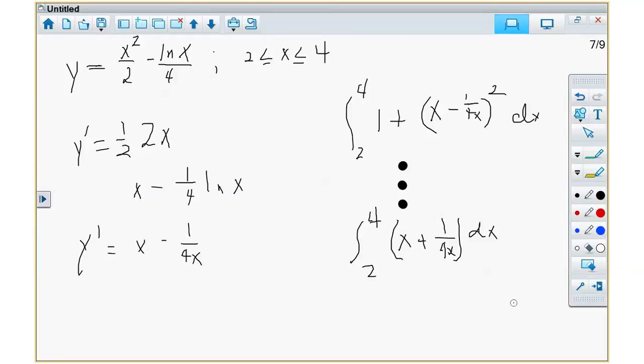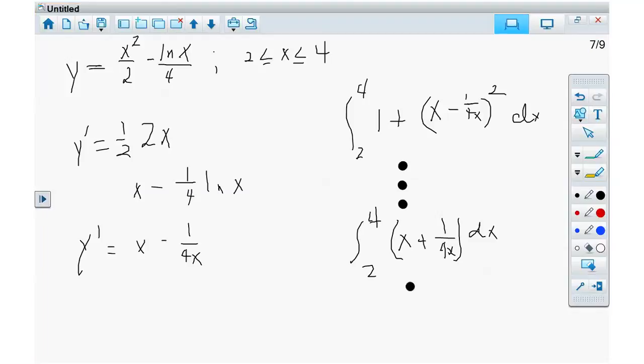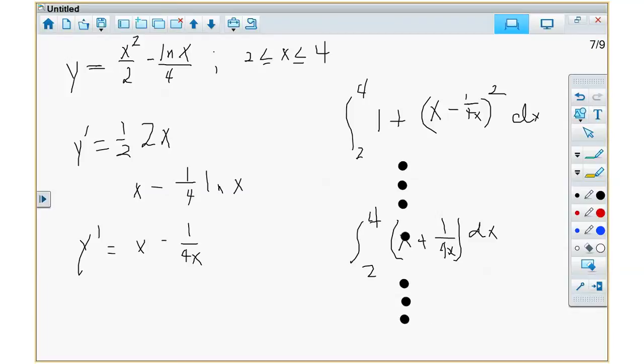That breaks down to x plus 1/4 quantity squared. And what is the square root of x plus 1/4 quantity squared? x plus 1 over 4x. You see it? And then you know how to plug those in.